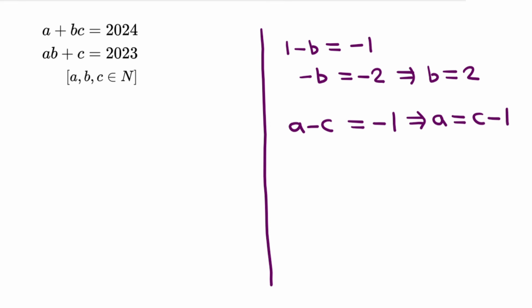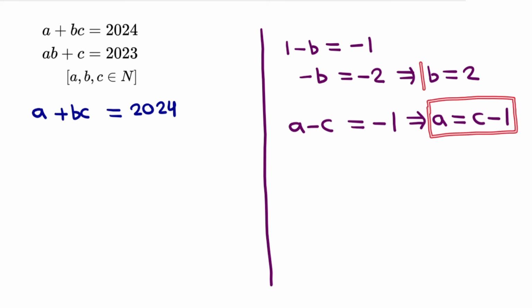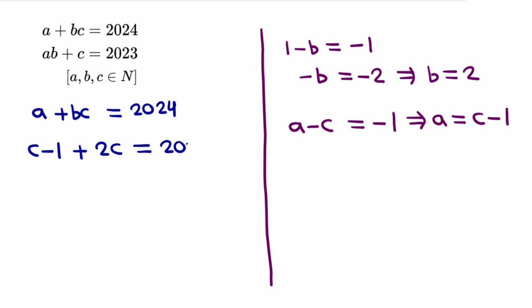Now plug everything back into the first equation. A + BC = 2024. Replace A with C - 1 and replace B with 2. Now we get C - 1 + 2C = 2024.